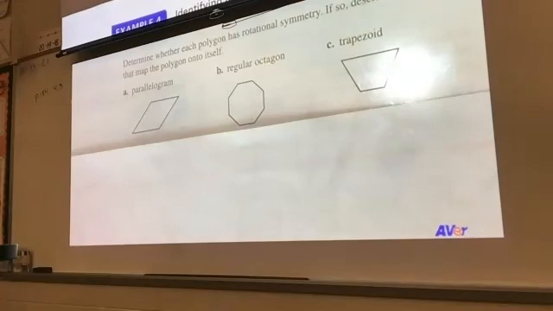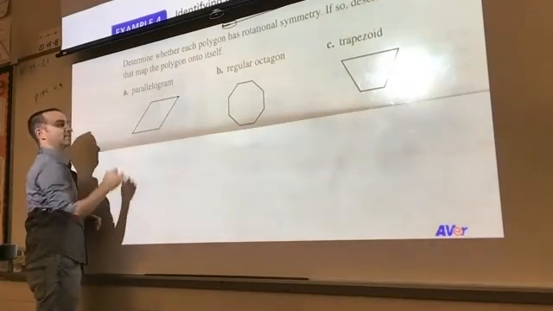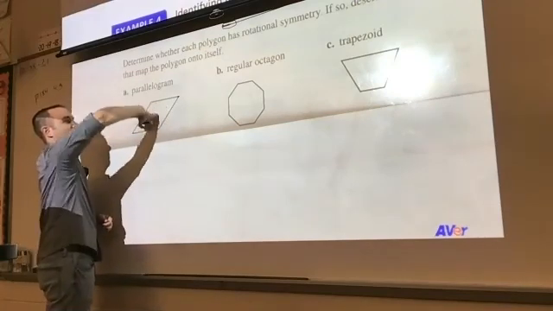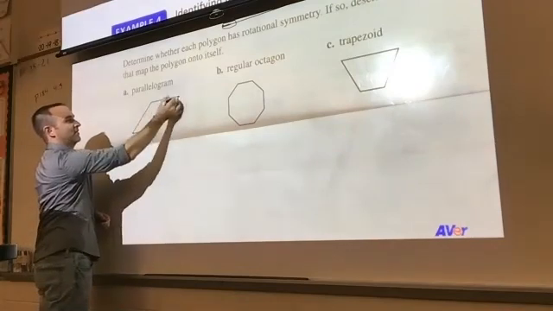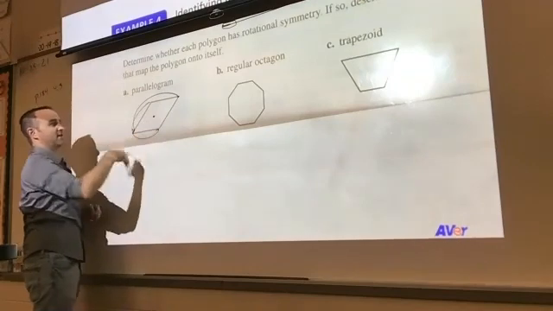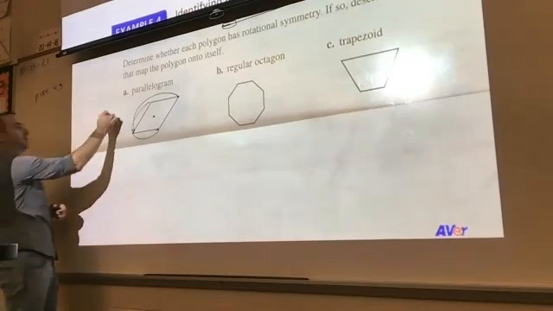Because what 180 is going to do is it's going to take this point and put it here. It's just going to rotate it 180 degrees around the center. This is going 180 degrees to get here. This is going 180 degrees to get here. It's going to look the same. So that is 180, which means our order is 2.